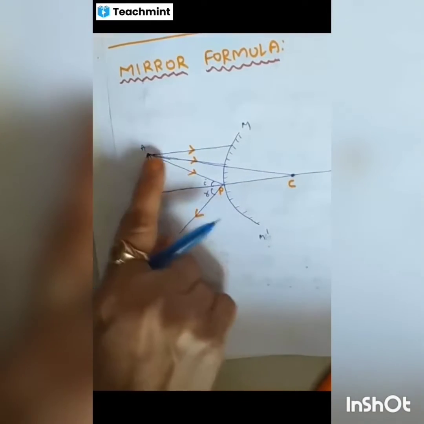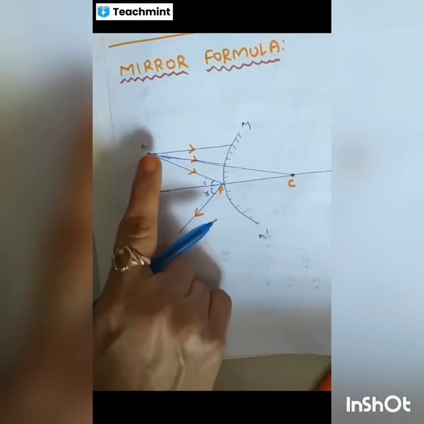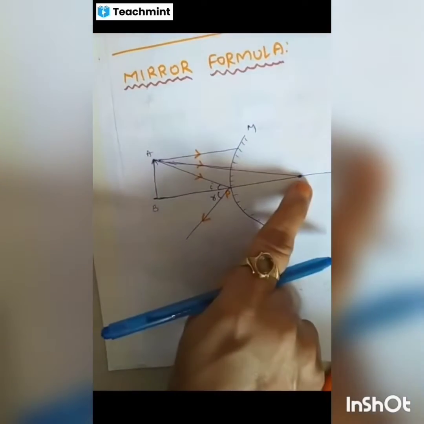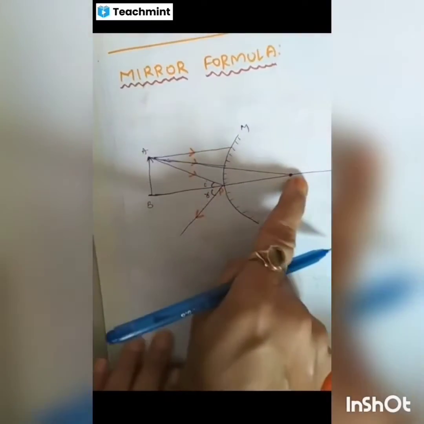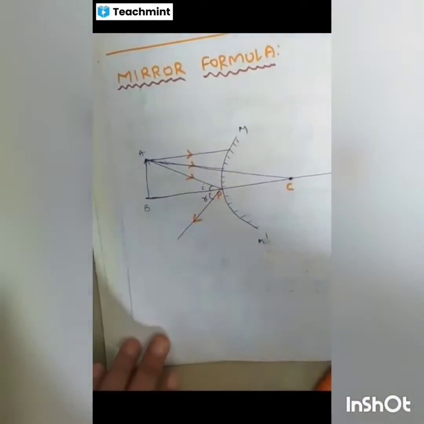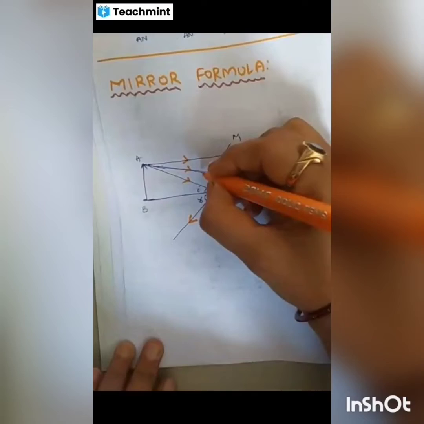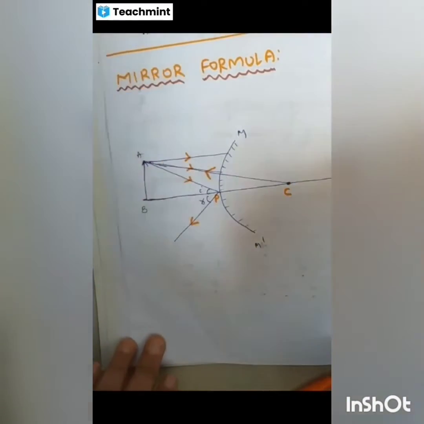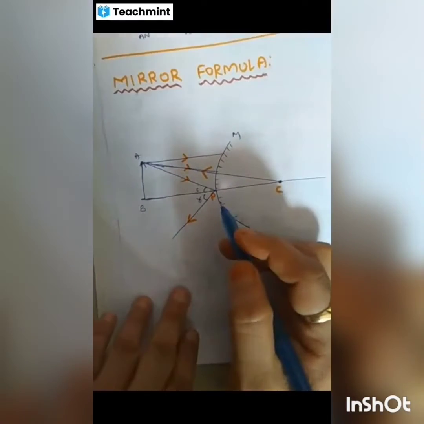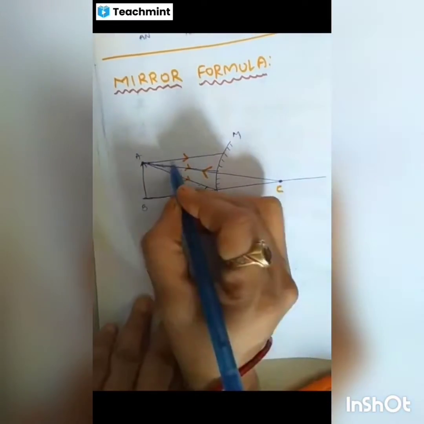And the ray which is incident at the center of curvature retraces the same path, and that means the reflected ray retraces the same path. That means this is the reflected ray here, and here is an incident ray.